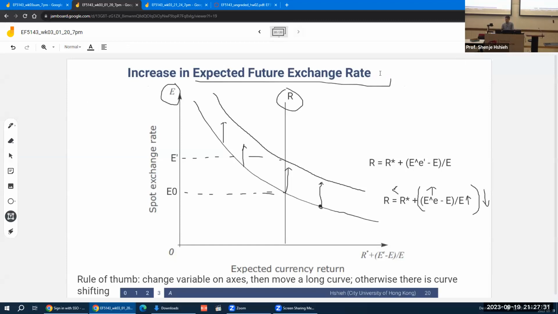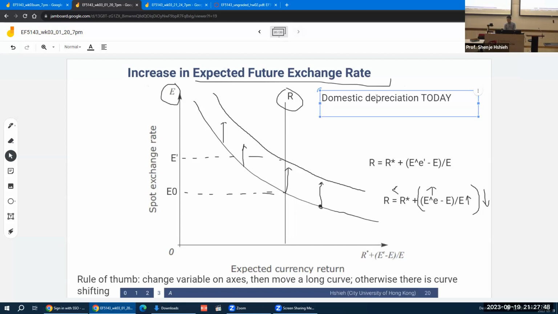So let's walk through the intuition again. Here's the same as before. Must have domestic depreciation today. The reason is fixed expectations. So a higher E hat E means that R star, the foreign deposit rate, is more attractive.